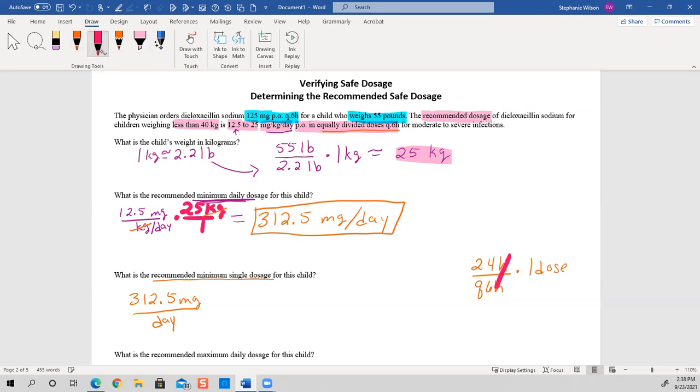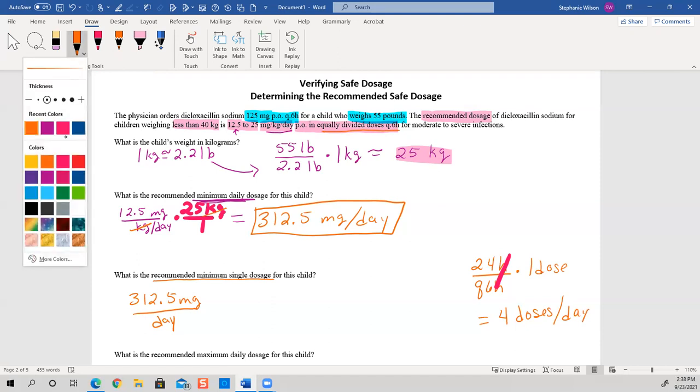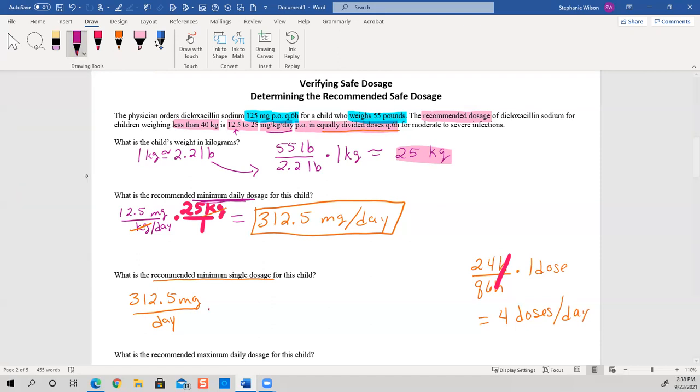My hours reduce, and 6 goes into 24 4 times. 4 times 1 gives me 4 doses per day. All right, so now I've got what I need to add right here. We're going to put in here our needed conversion: in one day, our patient's going to take 4 doses.